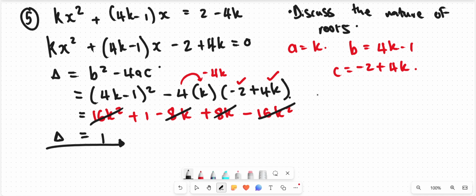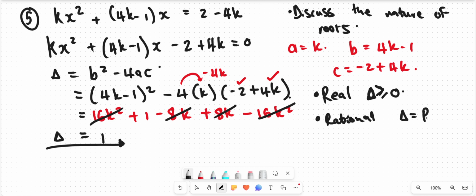So what does that tell me? It tells me that these roots are real, because discriminant is greater than or equal to 0. It tells me that these roots are rational, because again 1 is a perfect square. You can square root 1, you go back to 1, so this is a perfect square.